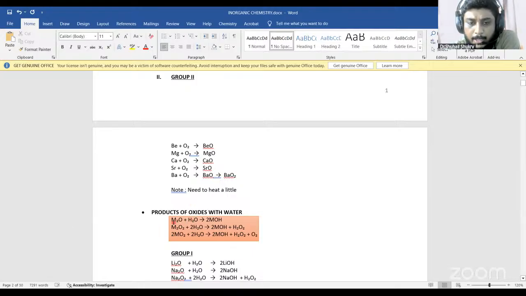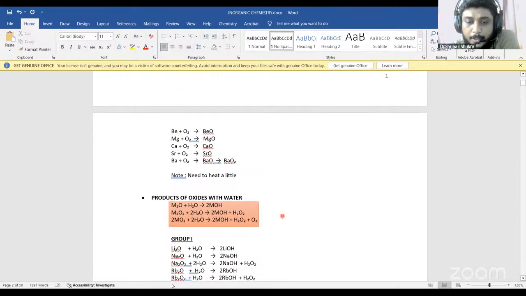Likewise, M2O means oxide. Oxide with water gives only the hydroxide. And if it is a peroxide, for example sodium peroxide and water, it will give sodium hydroxide and H2O2. Sodium oxide will give sodium hydroxide, but sodium peroxide will give sodium hydroxide and H2O2.